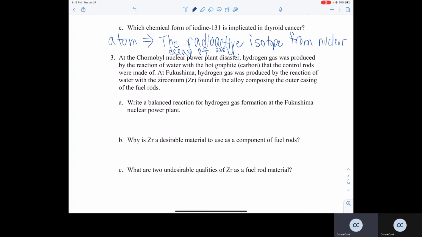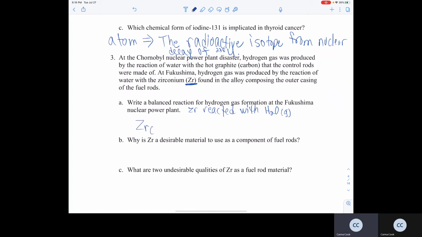And so the first part of the question wants us to write a balanced reaction for hydrogen gas formation at the Fukushima plant, in which zirconium is going to react with the hot steam, which is water vapor or water in a gas form.